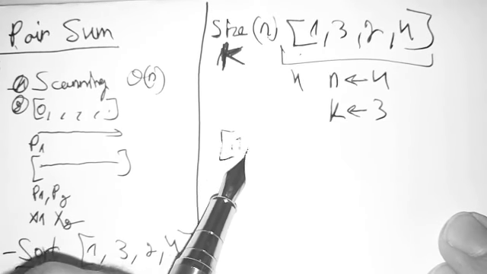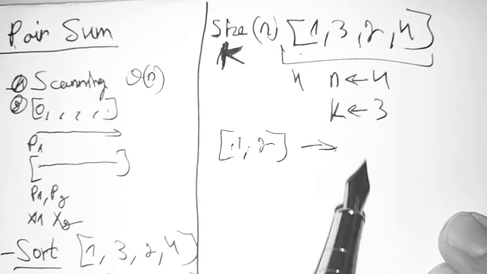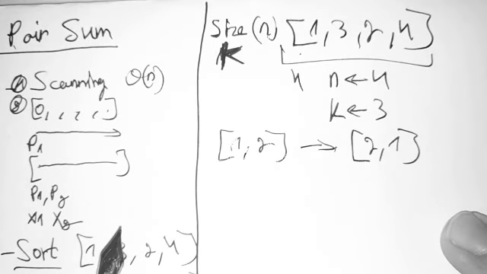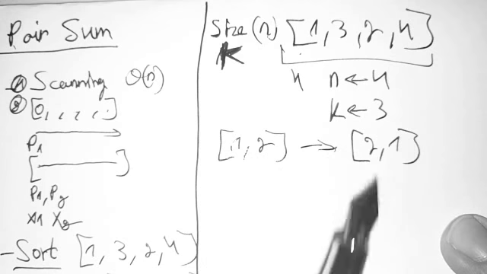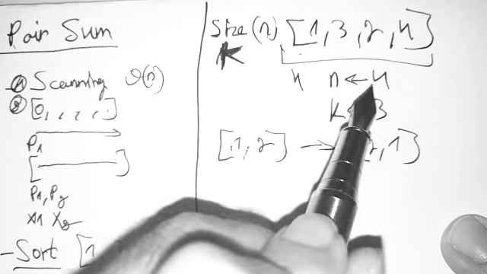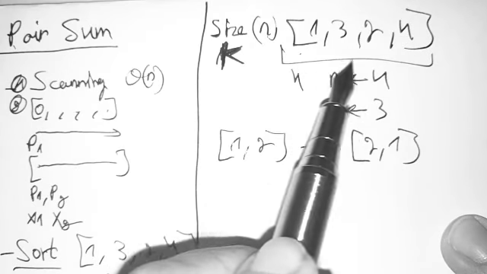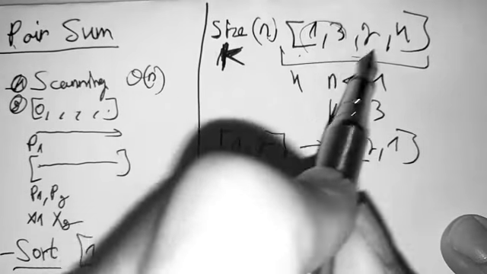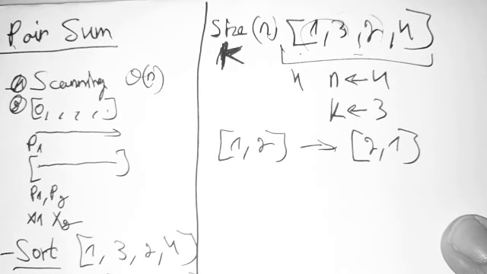So we have 1 and 2, and at this point ask your interviewer whether 2 and 1 is another solution or not. Okay, so we have 1 solution, and the problem definition was: given an array of size n, find all the pairs of numbers which sum up to k equals 3. So we have much more details.